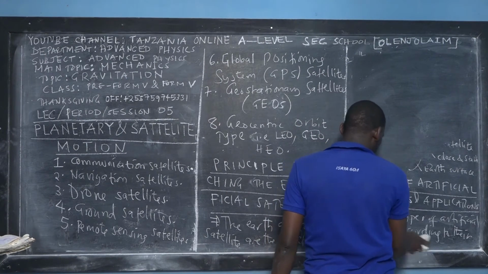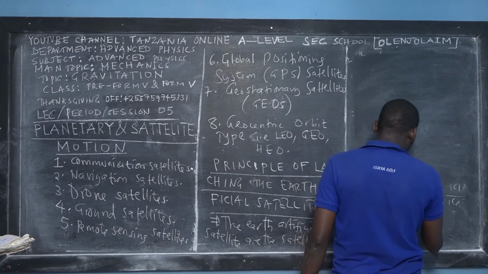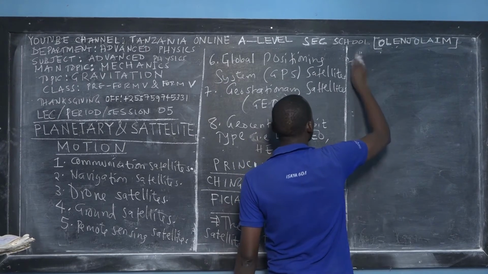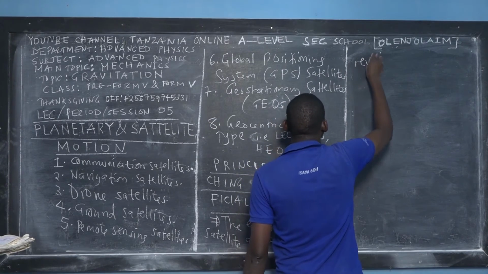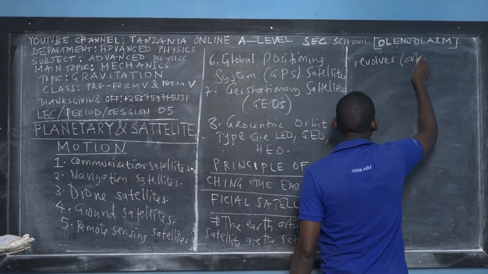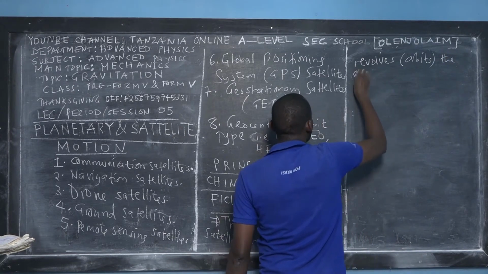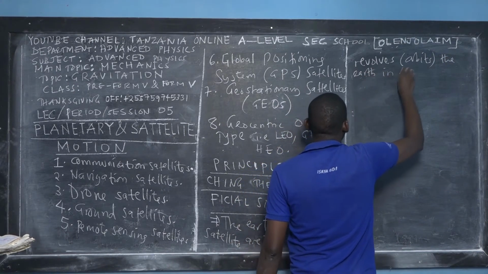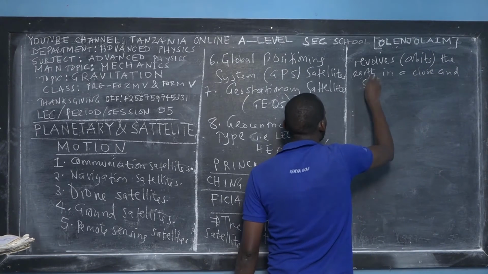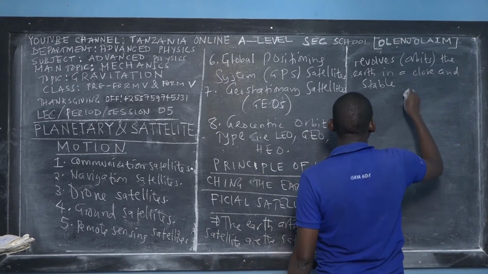These are the satellites that orbit the Earth in a closed and stable path, or stable orbit.